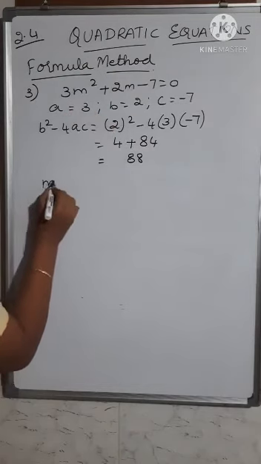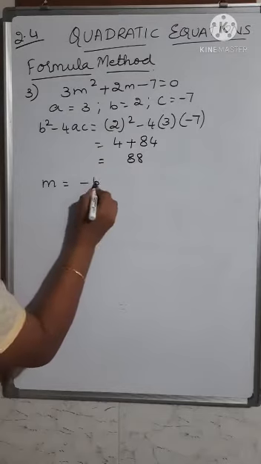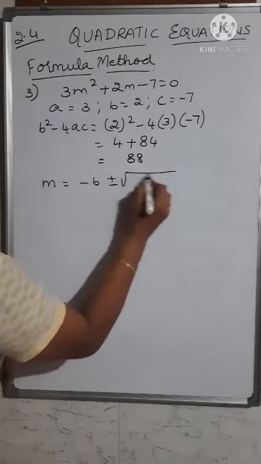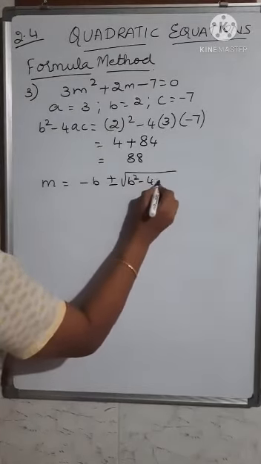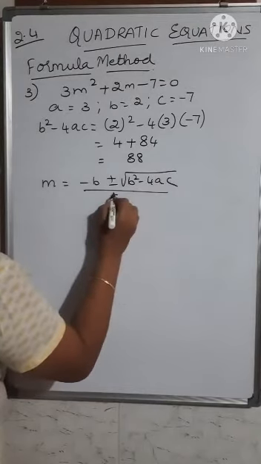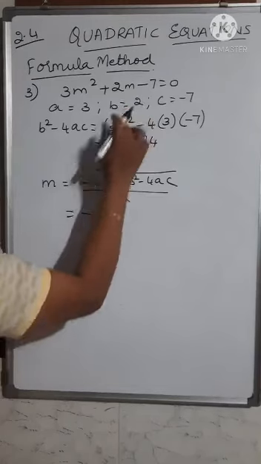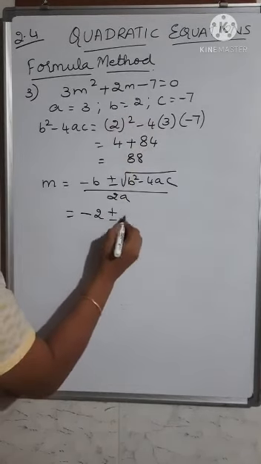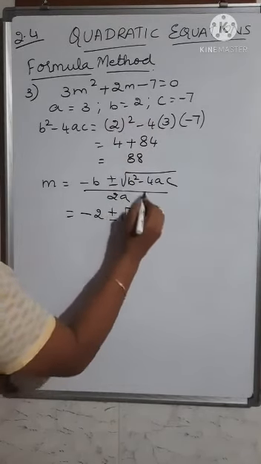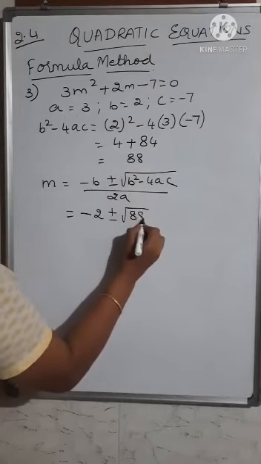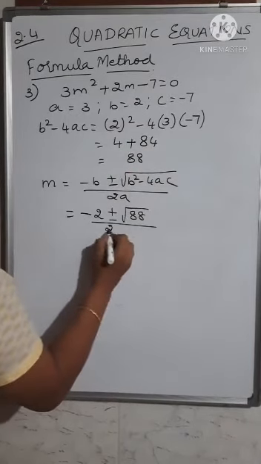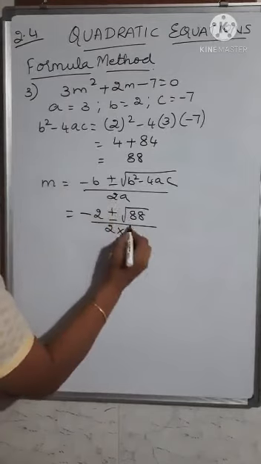So m is equal to minus b plus or minus root of b square minus 4ac upon 2a. So minus b is 2, plus or minus root of b square minus 4ac, which you have as 88, upon 2 into a, which is 3.